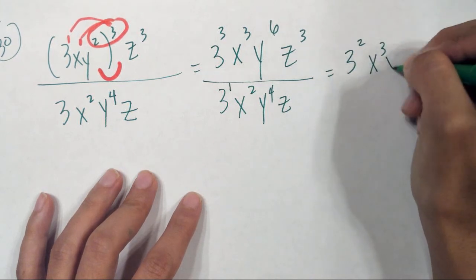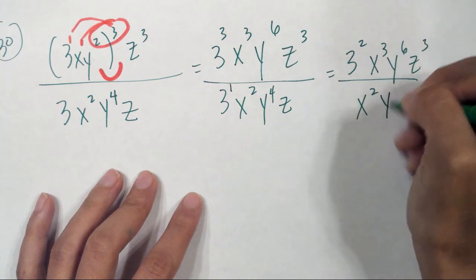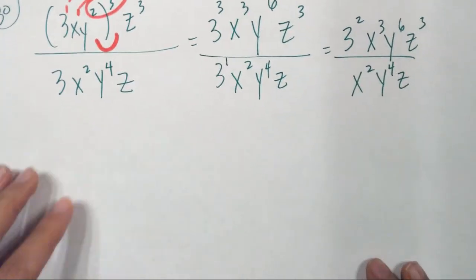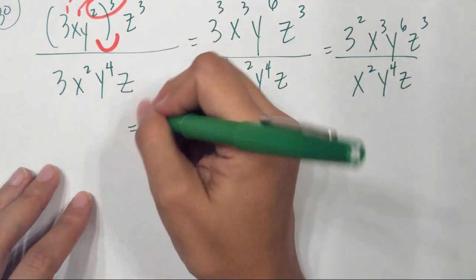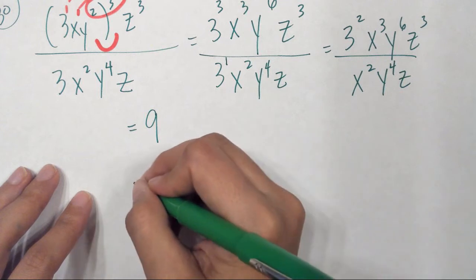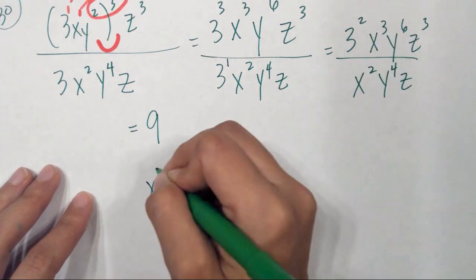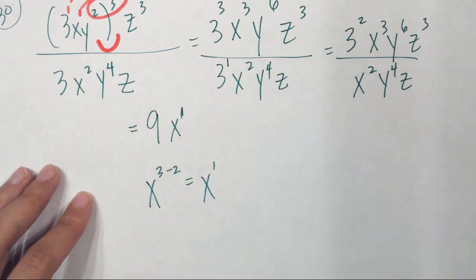So x to the third, y to the 6, z to the third, and then x squared, y to the 4, z. Alright, keep going. So 3 squared is 9. I have x to the third, right? So x to the third divided, so it's going to be 3 minus 2, which is x to the first.